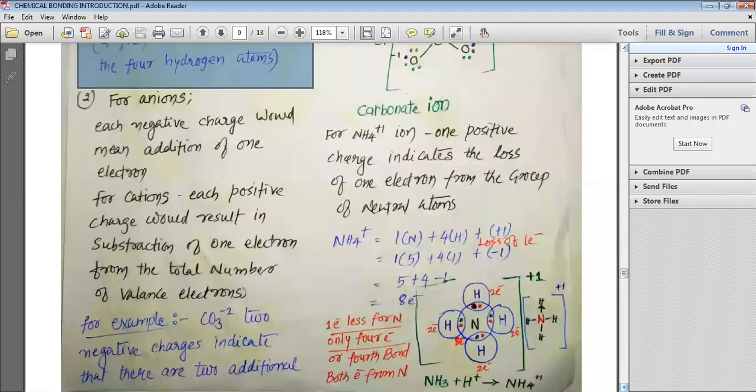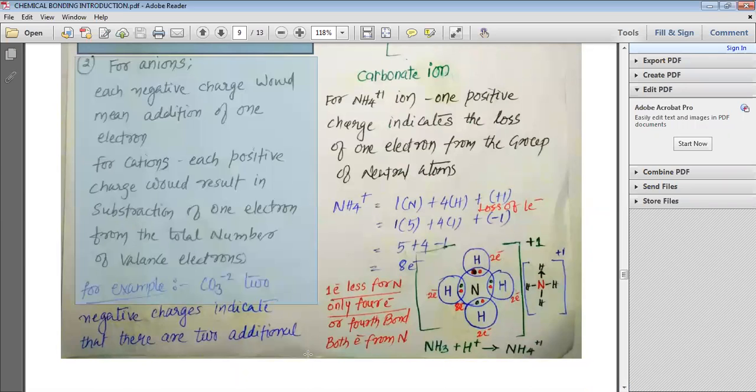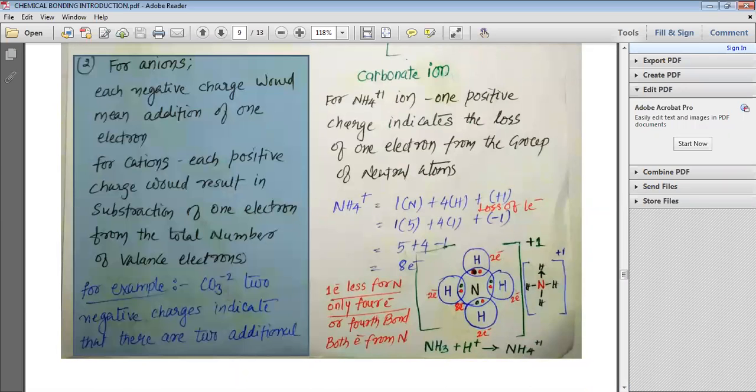So we need to add all the valence electrons which are available or which can be shared from each atom. This is how, my dear students, we understand that for writing the structure, we need to add all the electrons.